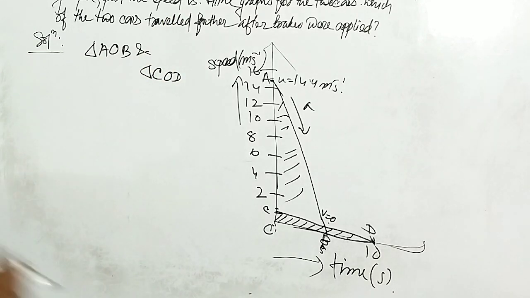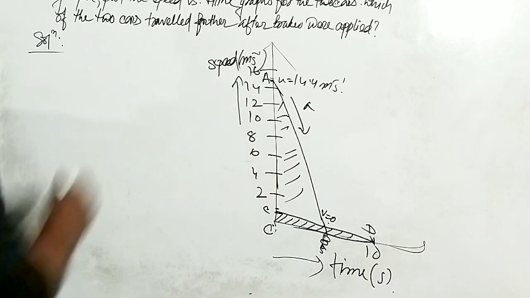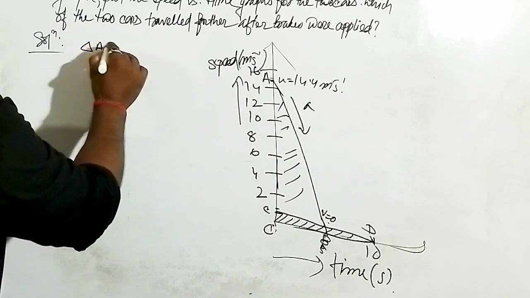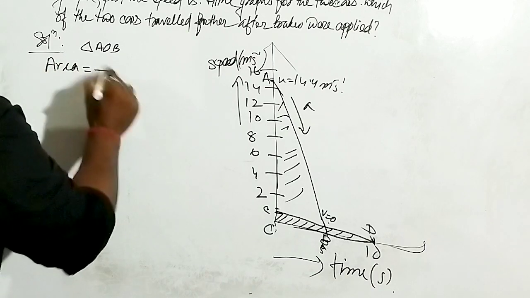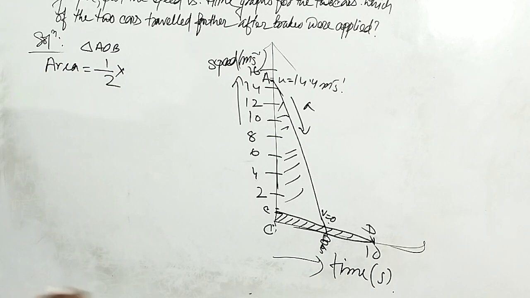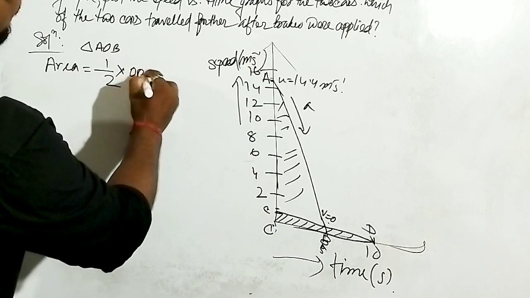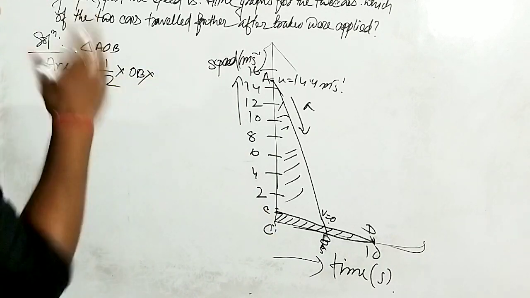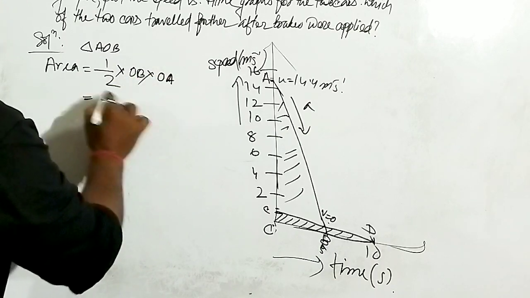Now first we will check the first triangle, that is, triangle AOB. So area will be how much? We will write the formula: half of base OB and the perpendicular OA, right? Give the values.